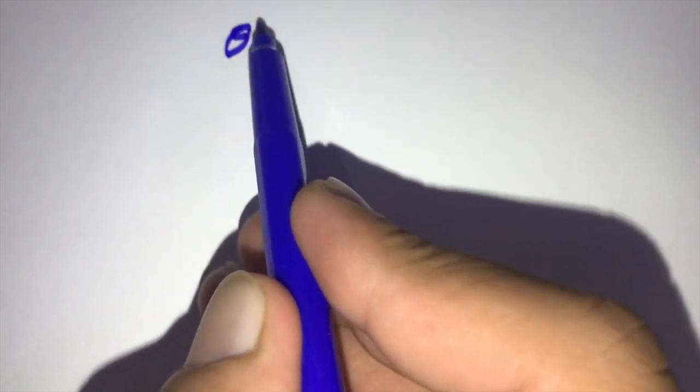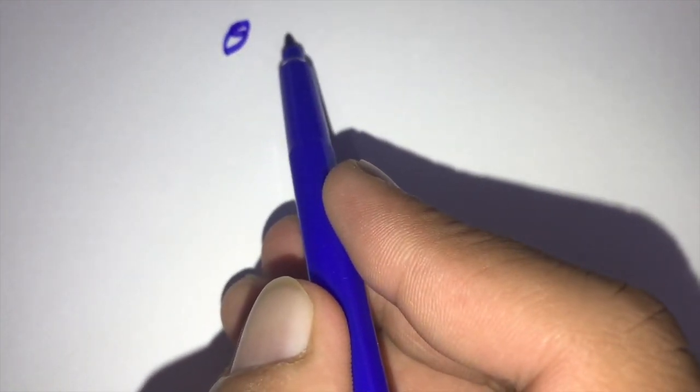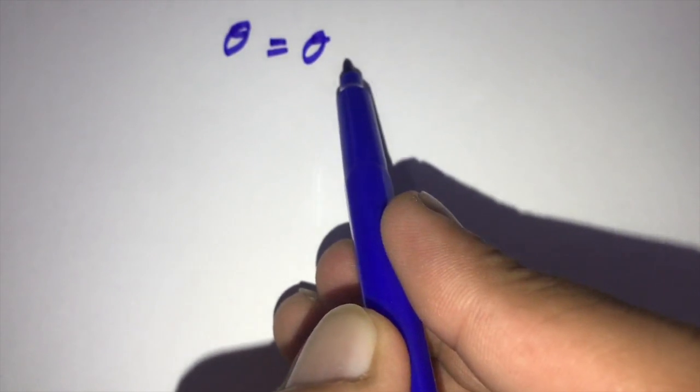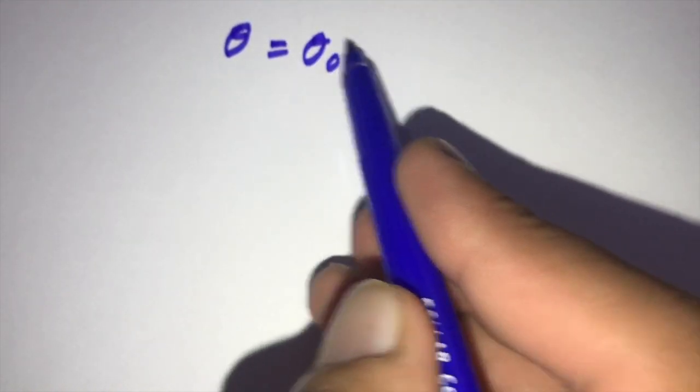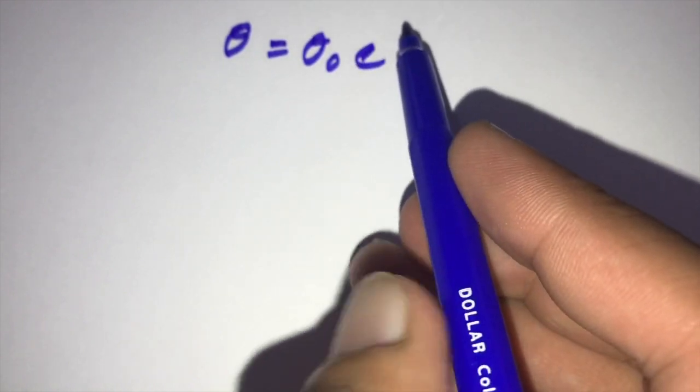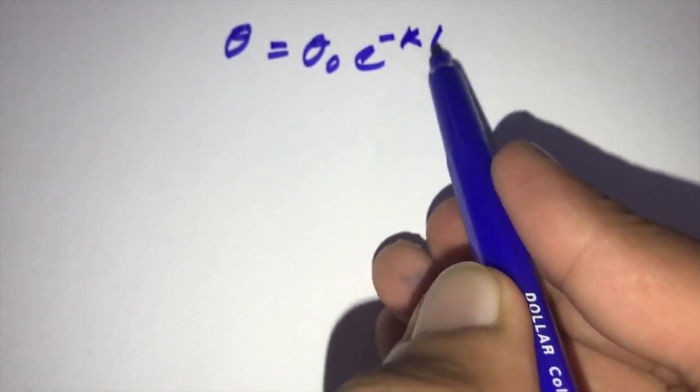The relation we are given is theta is equal to theta naught into e raised to power minus kt.